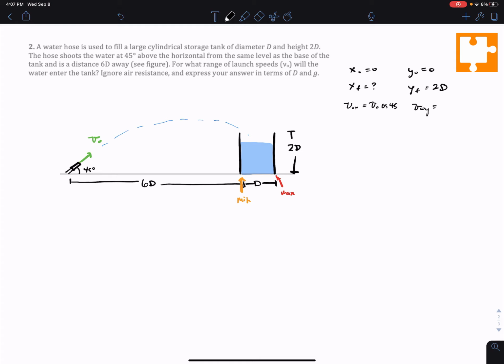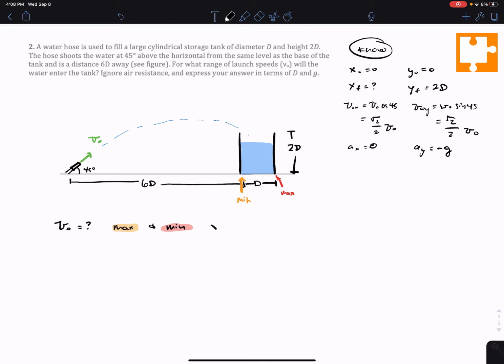V initial y is v naught sine 45. So we can write these out as root 2 over 2 v naught and root 2 over 2 v naught. Acceleration in the x direction is 0 because it's a projectile motion problem, and that means acceleration in the y direction is negative g. So here's all the stuff we know. So here we will be looking for v initial for the maximum and minimum distances. Okay, and we just need to fit it into this tank.